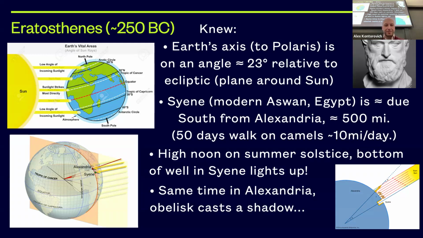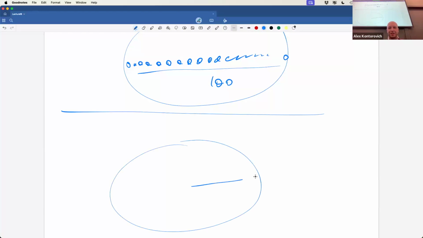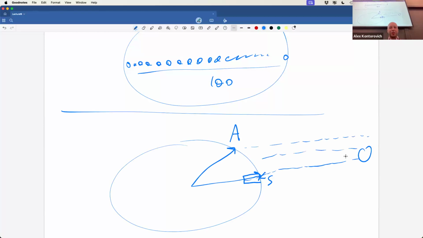So what that means is, let's think about this. So here we are. Here's the Earth. Here is Syene. Here is, I'm going to make it much larger than it actually is. Here's Alexandria. And there's a deep well here. And on the summer solstice, at high noon, the rays from the sun, which are coming right into Syene, are going straight to the bottom. Now, the sun is so far away that we can imagine those rays are all parallel by the time they reach Earth.